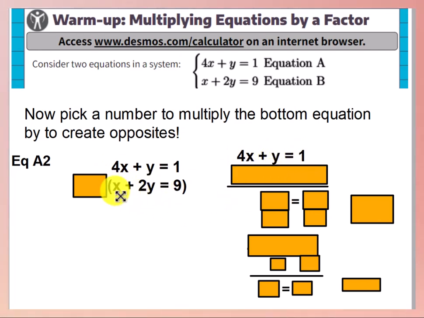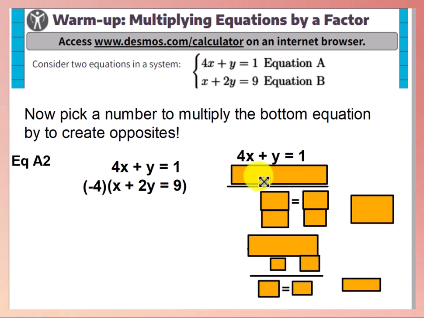So we could multiply through by 1/2, but I'm going to avoid fractions because those tend to give me more stumbling blocks. What would you multiply that bottom equation by to get these x's to match up? If you said negative 4, you would be correct. If you said 4, we just forgot the negative.